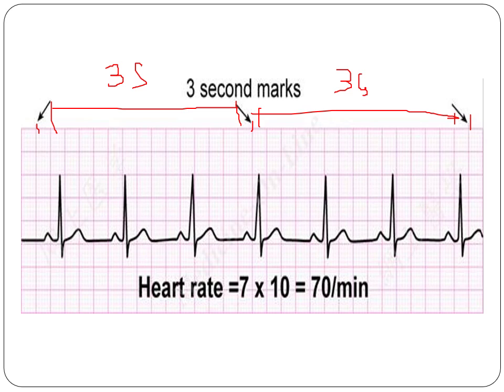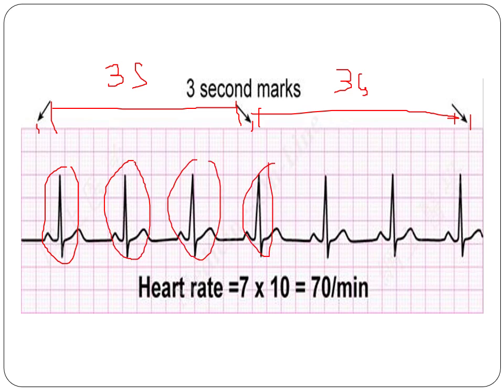The most common way of interpreting an ECG reading is what they call the 6-second technique, wherein they take the ECG reading for a full 6 seconds, then they count the number of QRS complexes that can be found. Here we have our QRS complexes. We have 1, 2, 3, 4, 5, 6, and 7.